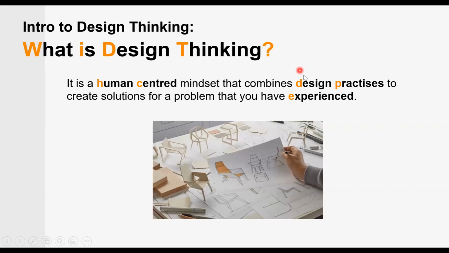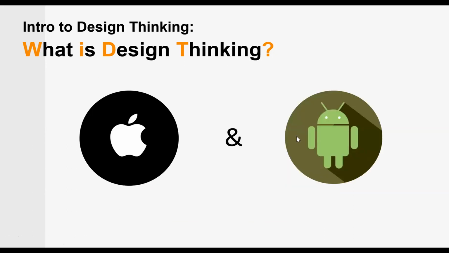Maybe one of the most visible examples of design thinking, if we go to the next page, is something you surely already know: Apple and Android. One of the most used examples for design thinking is basically Apple's and Android's way of thinking.